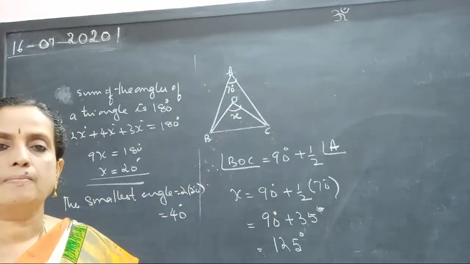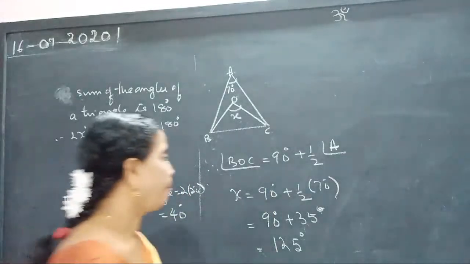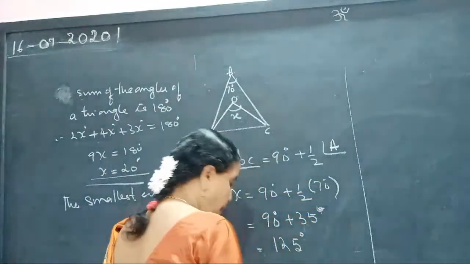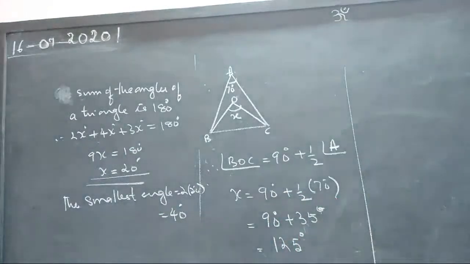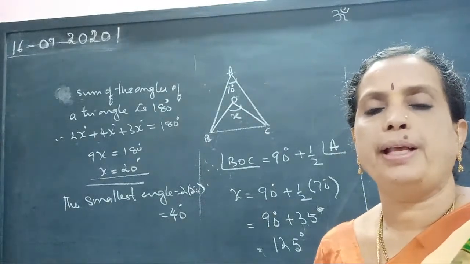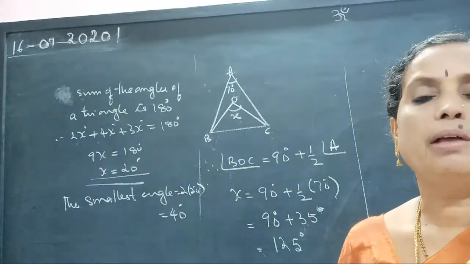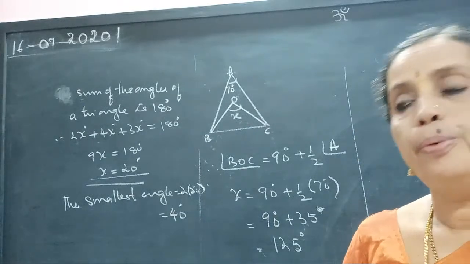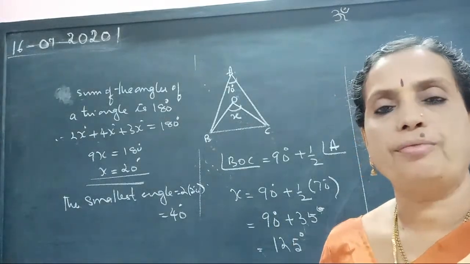Is it clear? Such a type of question you will get as an MCQ. Find the value of x. Proof is different, that is for 3 marks.